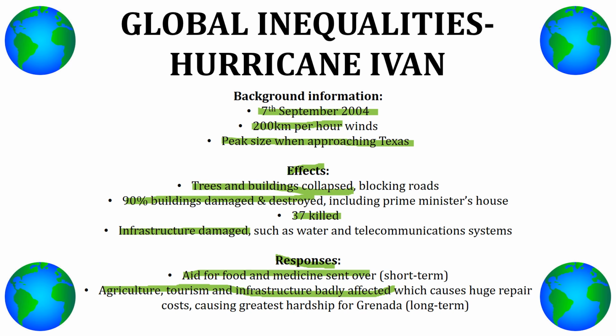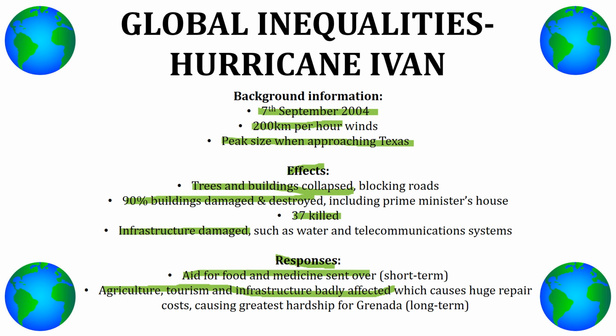And responses to this natural hazard: in the short term, aid for food and medicine was sent over, but in the long term, agriculture, tourism and infrastructure were badly affected, and it will cause huge repair costs, causing great hardship for Grenada, because Grenada is quite a poor country.